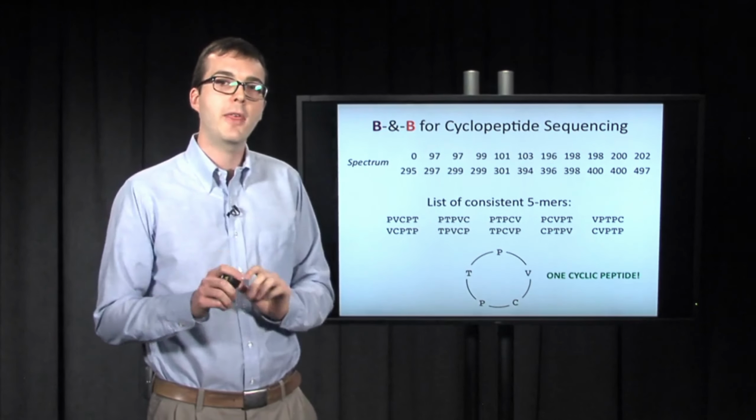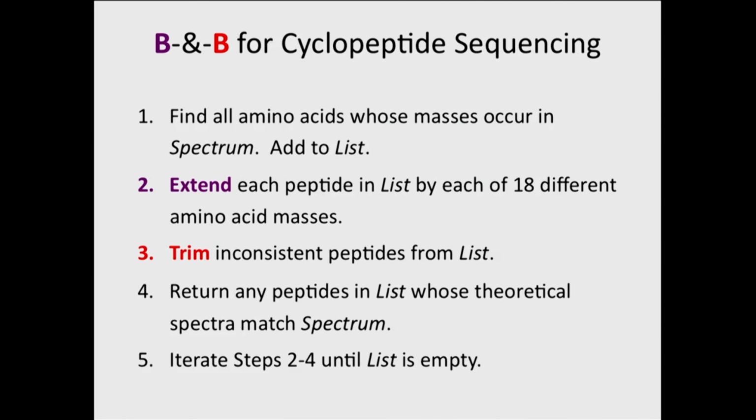So now we have a method that's going to work, and it looks like it's going to be pretty efficient. I'll just summarize what it is. We find all the amino acids whose masses occur in the spectrum, and we add them to a list. Then we extend every peptide that's currently in the list in every possible direction, so we add each of 18 different amino acid masses onto the end of it.